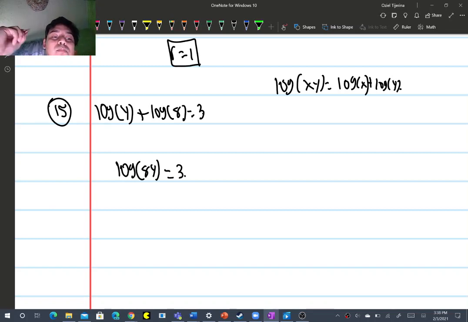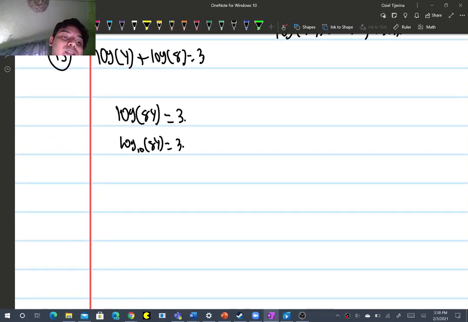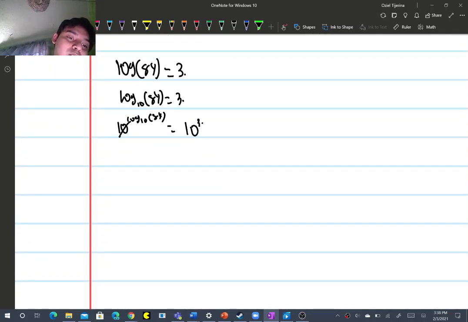Now, notice that we have a base of 10, so we have log base 10 of 8y is equal to 3. So we're going to get the power of 10, so we say 10 to the log base 10 of 8y power equals 10 cubed. So then that means that 8y is 10 cubed. 8y equals 1,000.